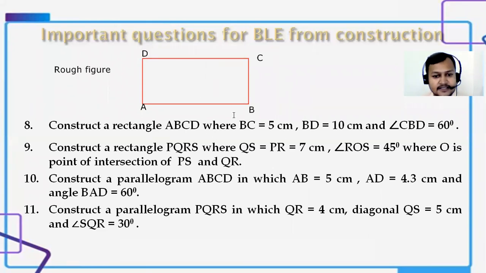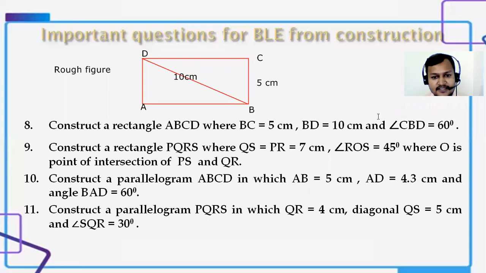And what are the lengths given to us? BC. This one BC is 5 centimeter. Length of BC given to us is 5 centimeter. Length of BD is given. Next one given to us is BD. The length of diagonal BD is given, which is 10 centimeter.